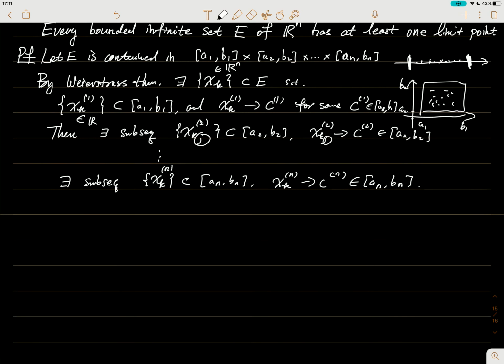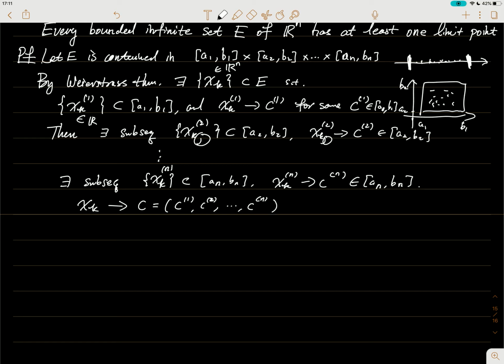Okay, so now I have a sequence xk, and I know that their first components converge to C1, the second component converges to C2, so they will eventually converge to C, which is defined as C1, C2, ..., Cn.